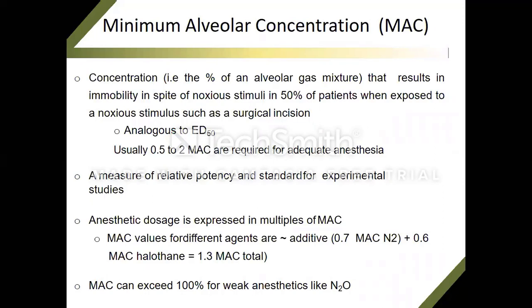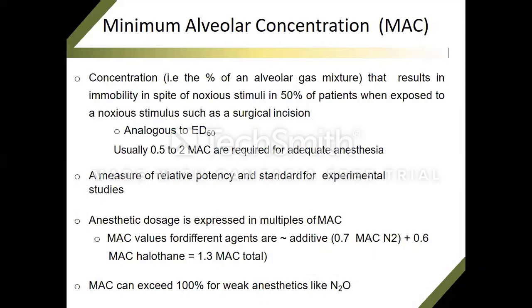It's the concentration, that is the percentage of the alveolar gas mixture, that results in immobility in response to noxious stimuli such as surgical incision in 50% of patients. It is almost analogous to our effective dose in 50% of patients. Usually the MAC value ranges from 0.5 to 2 to produce adequate anesthesia.